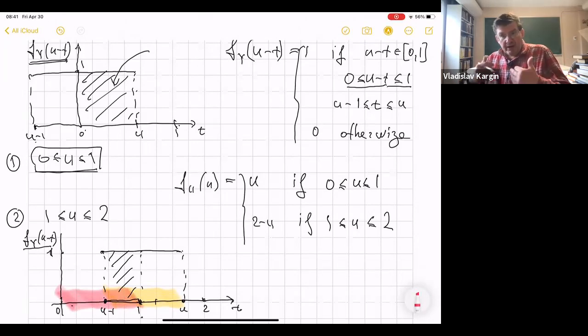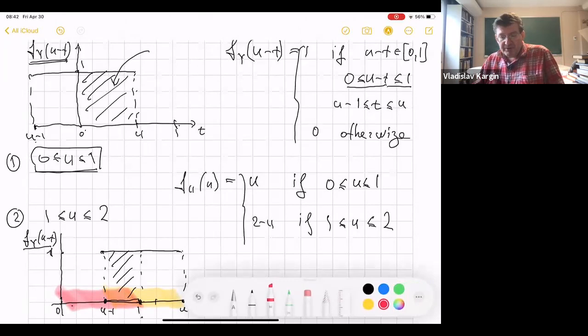So the range of this function becomes non-intersecting with the interval of integration, and the integral will be equal to 0.